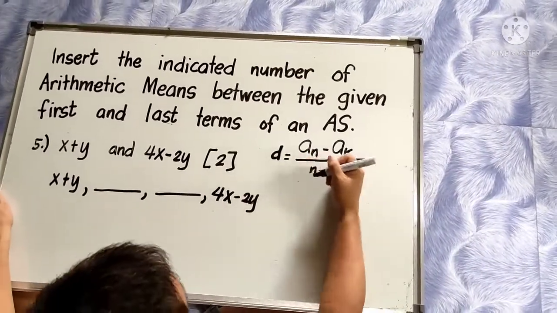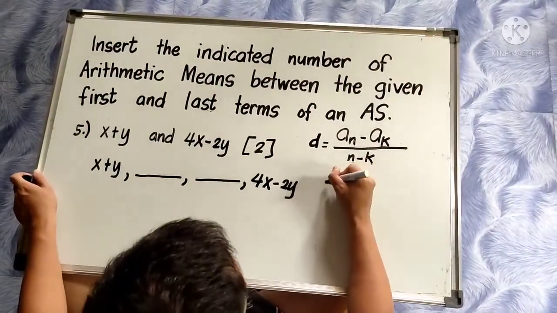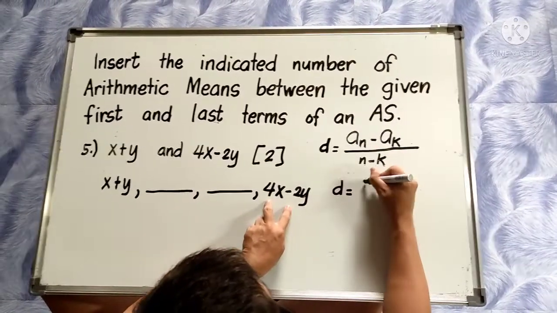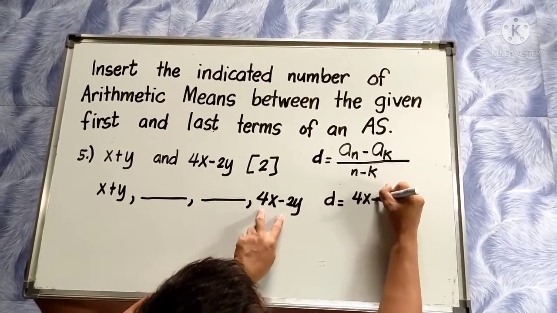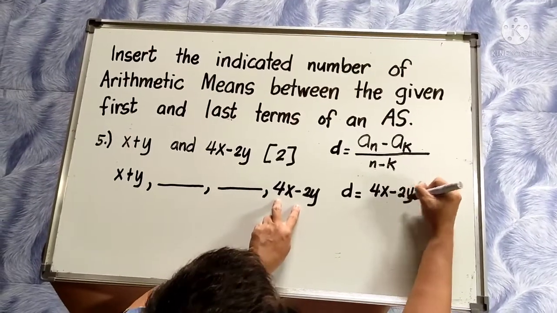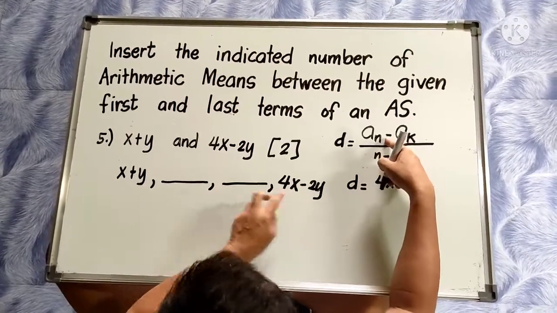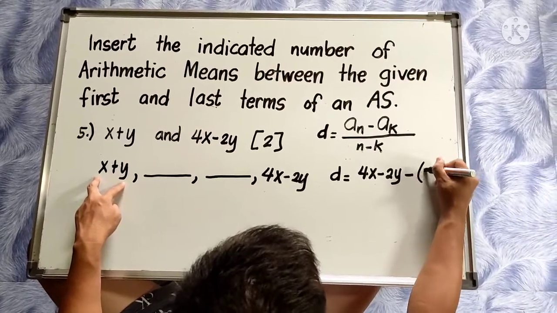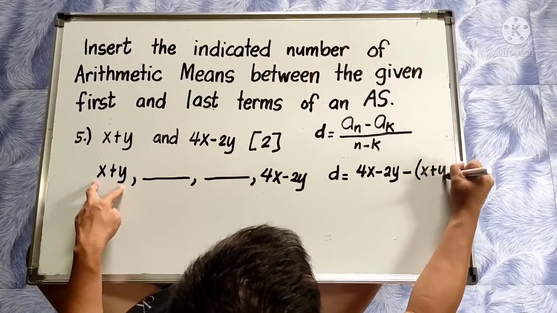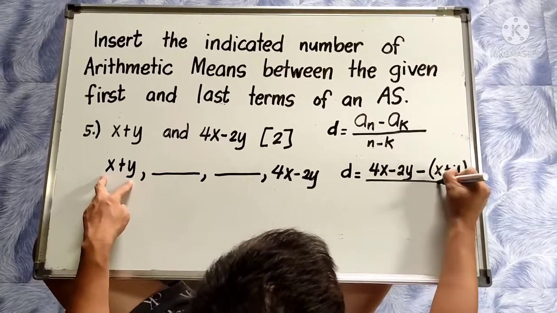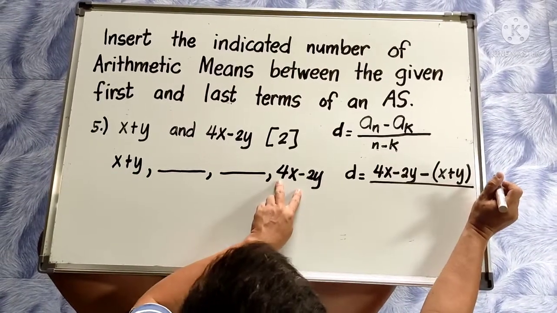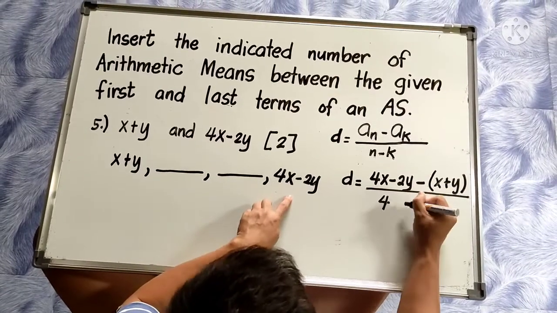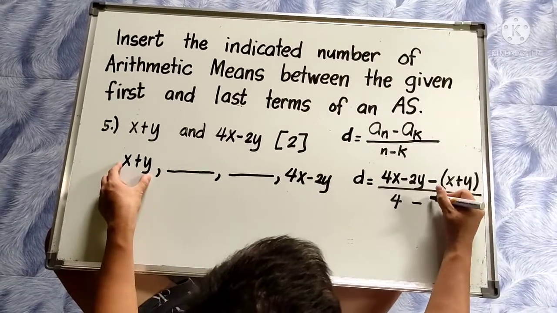Of course, we'll start solving for the common difference d, which is equal to the last term, 4x minus 2y, minus the first term, enclosed in parentheses because this is a binomial. So x plus y, over 4x minus 2y is the fourth term. 1, 2, 3, 4. It's the fourth term minus the first term 1.